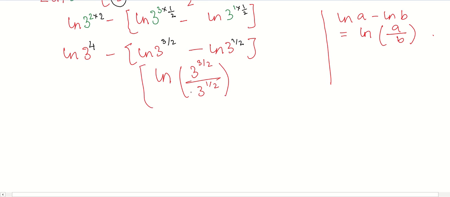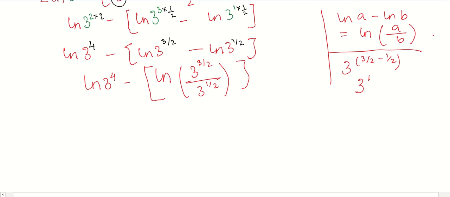And that is basically going to be, if you know the laws of indices, 3 by 2 minus 1 by 2, so 1 by 2, that is gonna be 3 raised to 1. Basically this is going to be ln 3 raised to 1, and ln 3 raised to 4 is there.